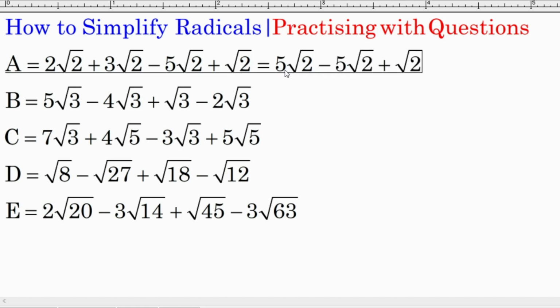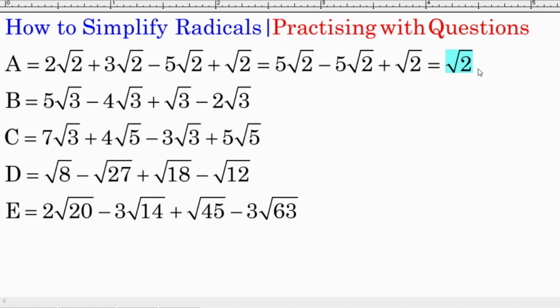As we can see, the radicals are the same. When we subtract, we can cancel it out, so the answer would be square root of 2. Now finally we have found the answer for A.